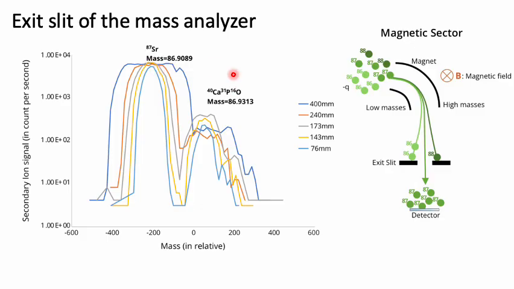Usually the interferences are all known, and it depends on the material. For example, if we were measuring a feldspar instead of an apatite, we wouldn't have this calcium phosphate interference. It also depends on the instrument. Secondary ion mass spectrometers produce a lot more interferences than an ICP-MS would. We'll talk about that when we talk about the different kinds of sources.